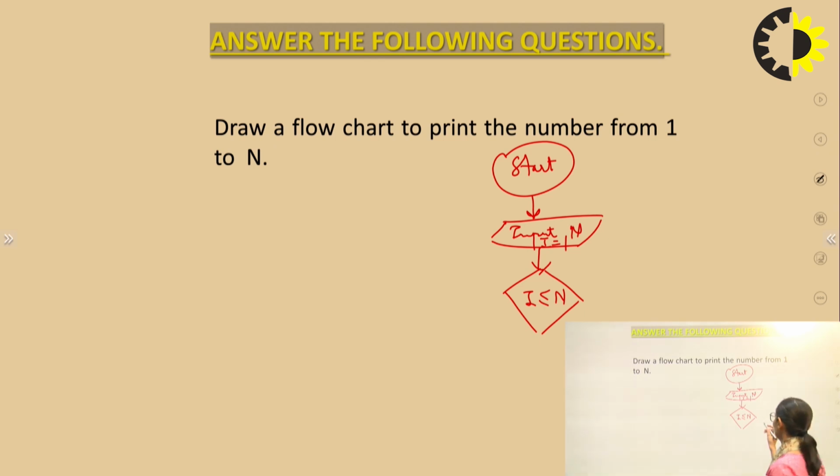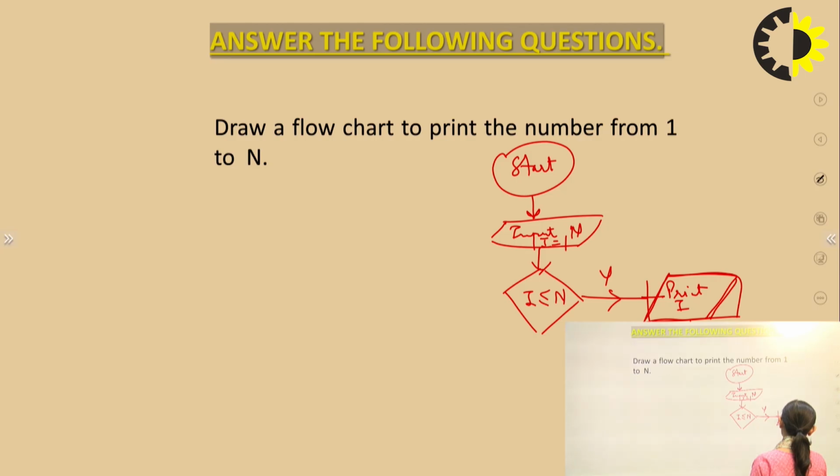So here, if the answer is yes, it is small, then what will happen? We do no computation. We will first display the number, and we will say print I. After that, we will do the computation.